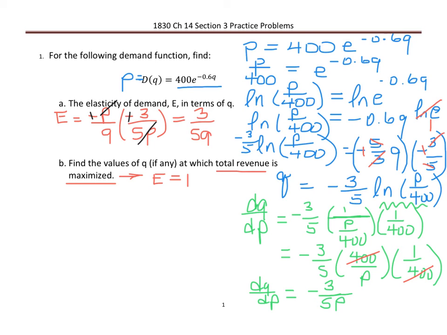So we need to set E equal to 1, and that means that 3 over 5Q is going to be equal to 1. And of course, that's only going to happen if 3 and 5Q are equal to each other. And so 3 is equal to 5Q if Q is equal to 3 over 5.